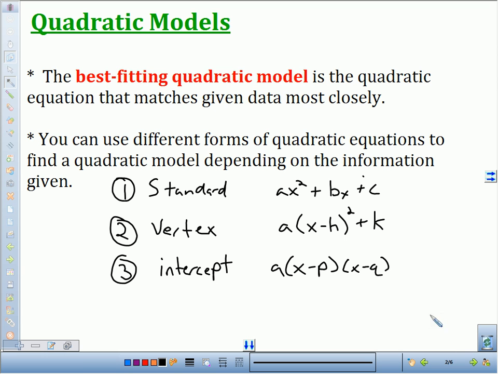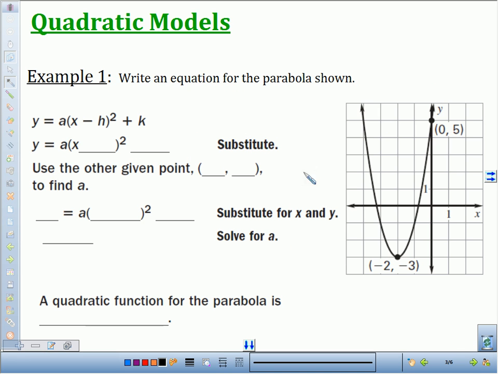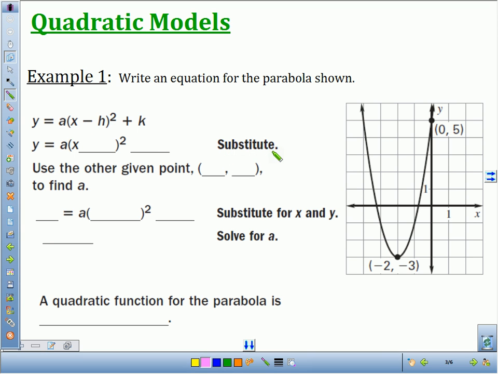The ones that we're going to concern ourselves with in this video are vertex and intercept forms. Those are the two that we're going to be looking at, and how we could get the information using those forms. So we look at example 1. Example 1 gives us this picture. It's important that we look at the graph or the information we're provided to decide which form of a quadratic equation we want to use.